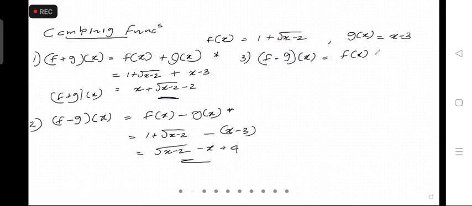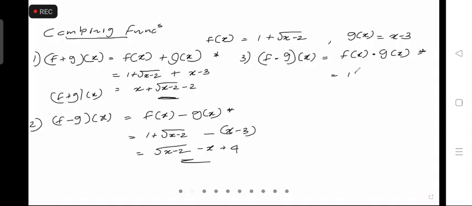You can write f(x) times g(x). To break into this, you know the procedure. You know the rule, there is no worry. You can separate the functions like this.